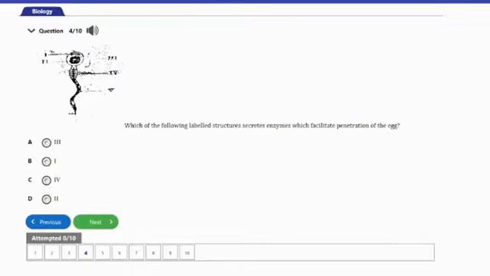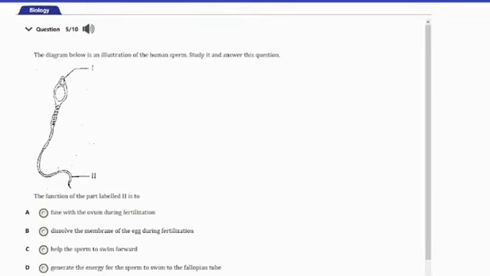Let's go ahead and consider the next question. Question number 5 says, the diagram below is an illustration of the human sperm. Study it and answer the question. The function of the part labeled II is to: A, fuse with the ovum during fertilization, B, dissolve the membrane of the egg during fertilization, C, help the sperm to swim forward, D, generate the energy for the sperm to swim to the fallopian tube.